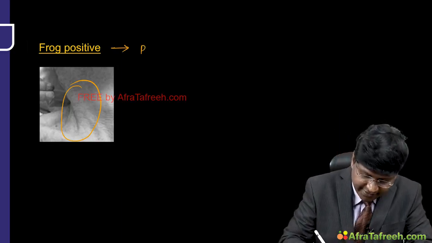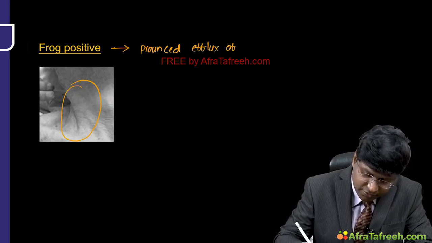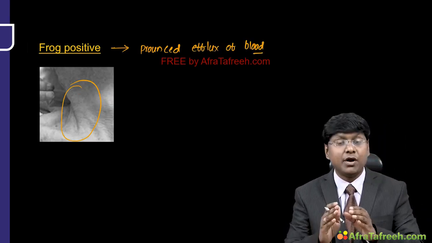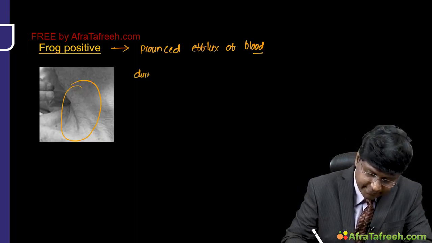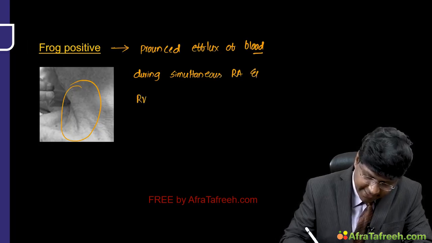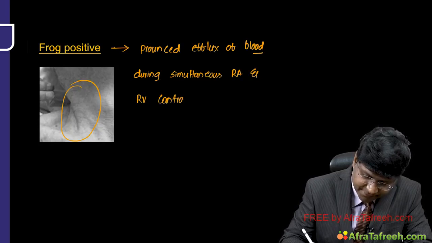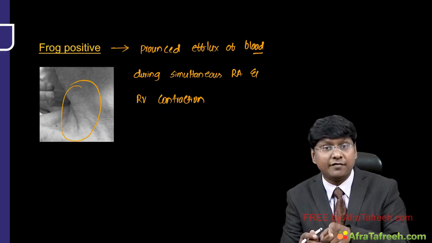So when there is pronounced efflux of blood during simultaneous right atrial as well as right ventricular contraction, and where is that pronounced efflux of the blood?